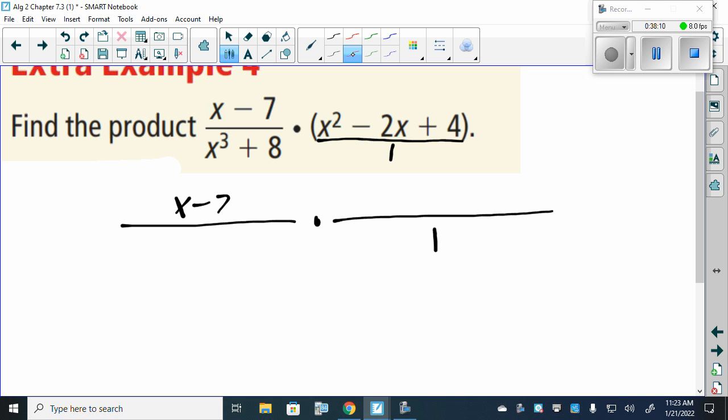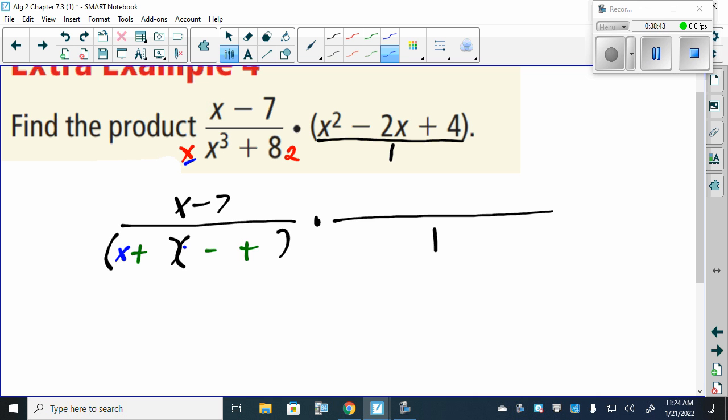Now for the x cubed plus 8, the cube root of x to the third would be x, and the cube root of 8 would be 2. So we do factor this here. Our signs would be the same, opposite, always end on a positive note. So for the quadratic part, the signs do match up. If we plug in our terms, we would have x.